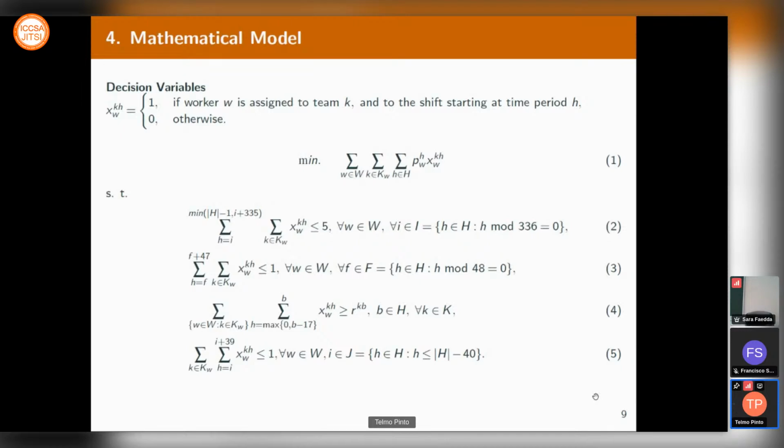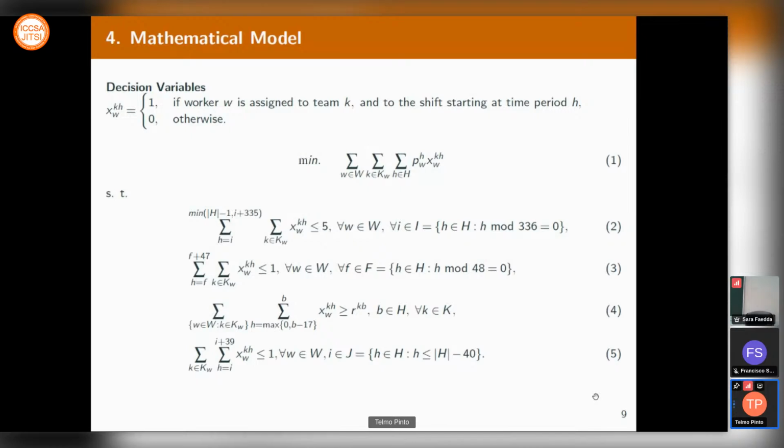Constraints of type 2 ensure that each worker cannot work more than 5 days per week. Constraints of type 3 ensure that each worker can only be in one shift per working day.